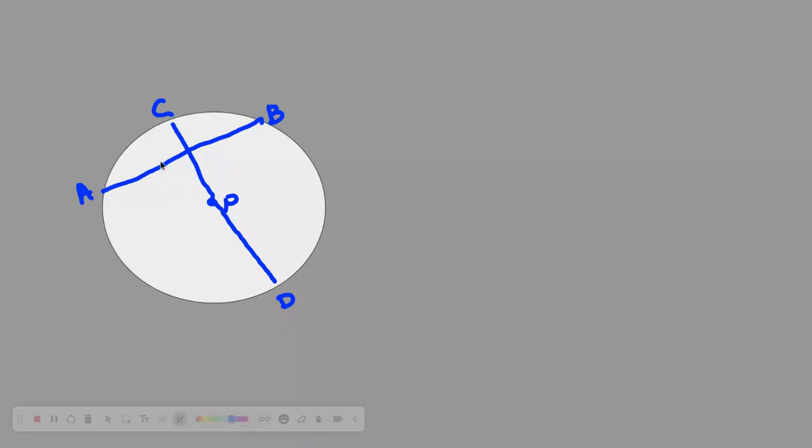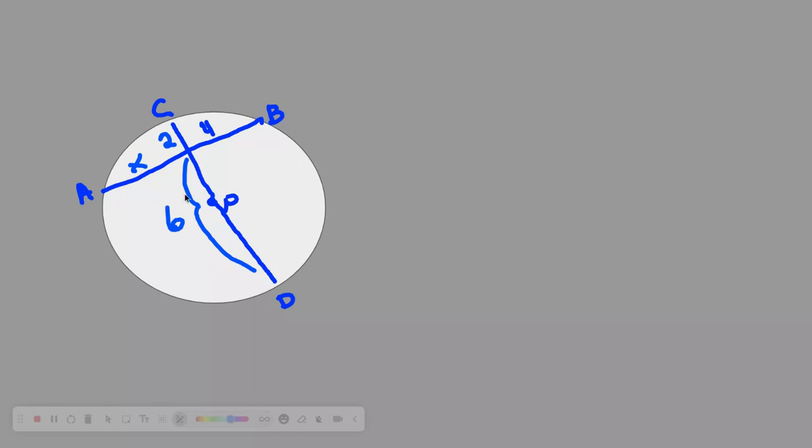So let's say this was 2, and we'll say that this one was 4. Actually, let me fix that. Let's make this actually X. We'll call that X. And we'll make that 2. And let's say that this whole line here is 6.